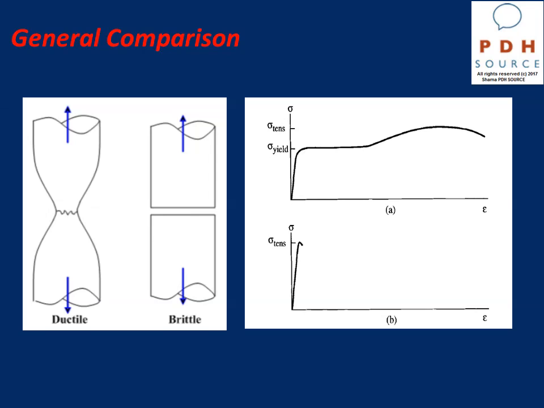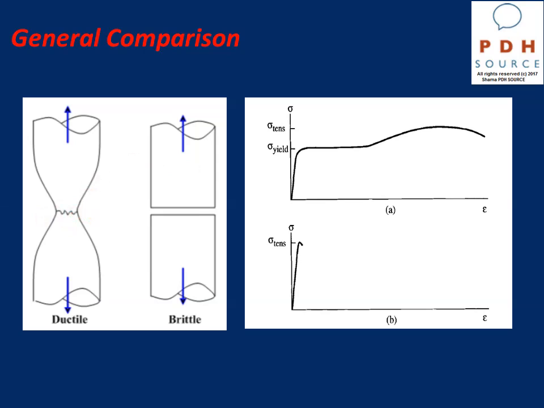As a general comparison, for ductile failure, we note significant plastic deformation and necking that can be recognized from the stress-strain relationship of the material. This plastic deformation is usually associated with high energy absorption before fracture occurs.